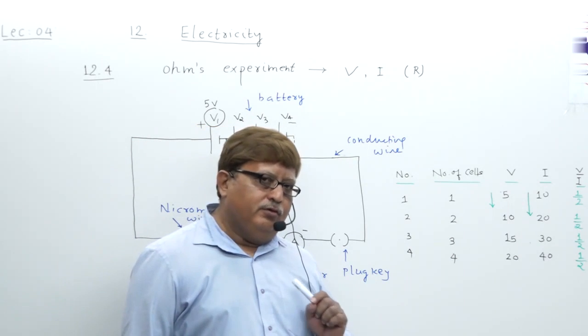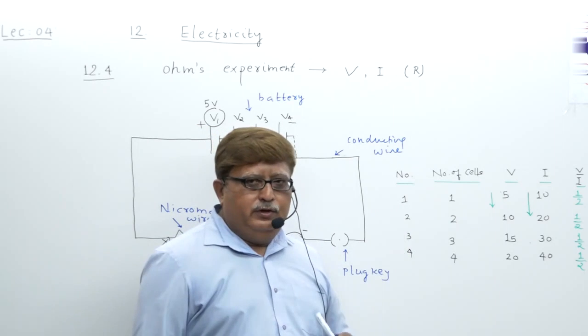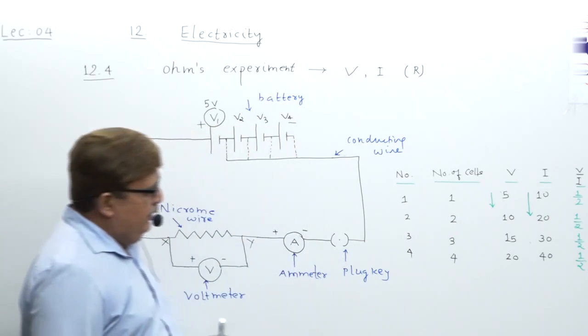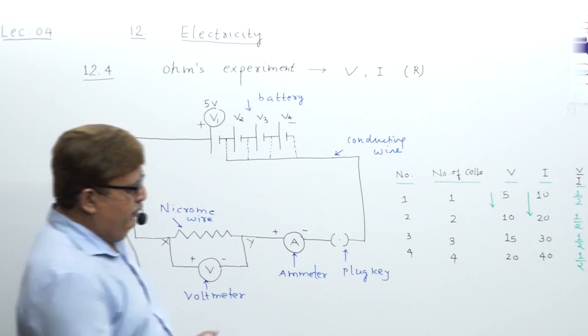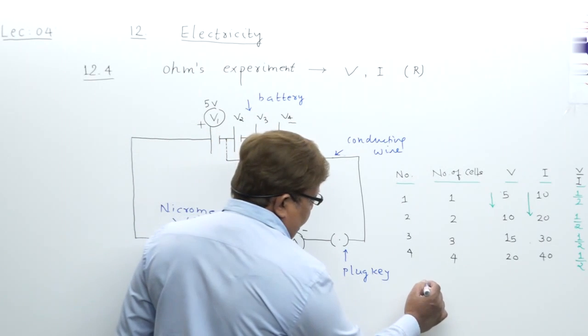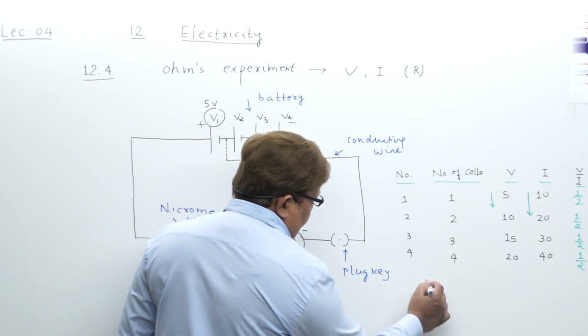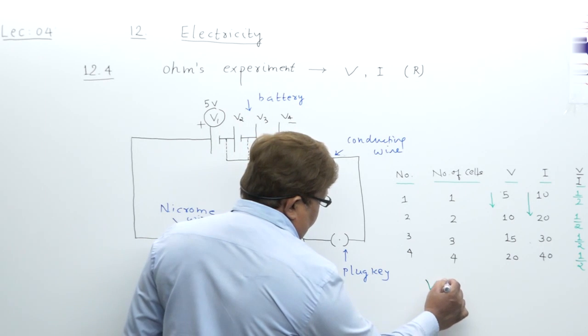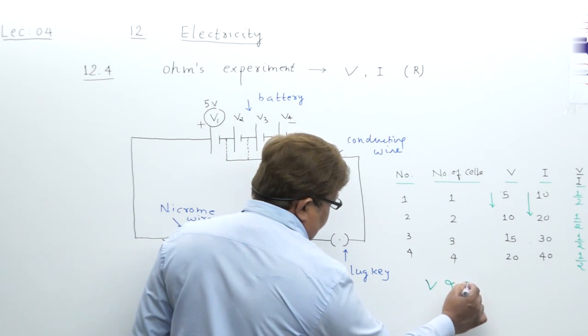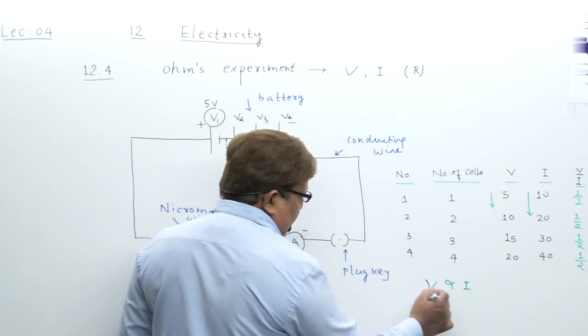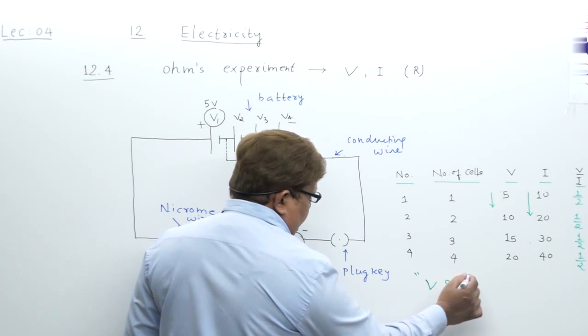So my dear student, because the ratio of V and I remains constant, can I write this way? V varies to I. Okay, what does it mean?